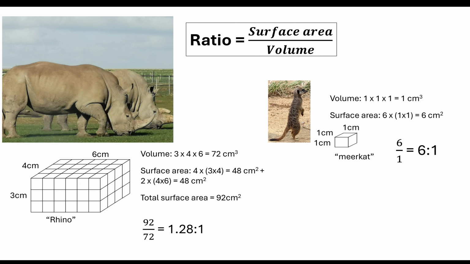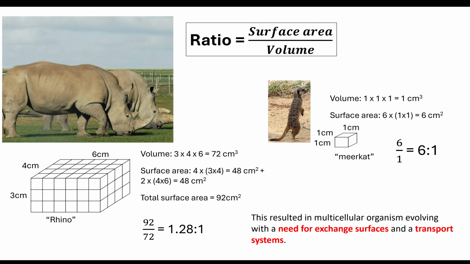Because actually, as a multicellular organism, an organism made up of many cells, our surface area to volume ratio is still relatively low. This is why there was the evolution of the need for our exchange surfaces. It was also why there was a need for a transport system to evolve.